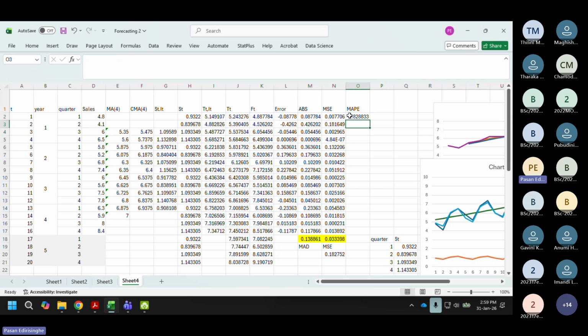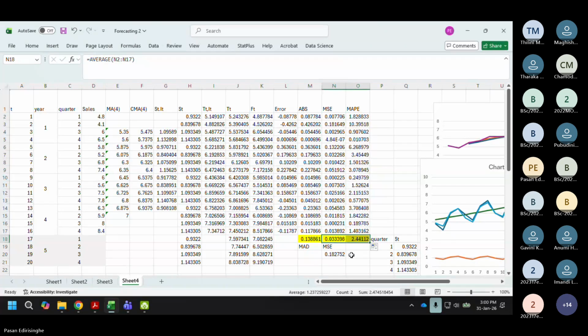So it is the mean absolute percentage error. And this is the mean square error.